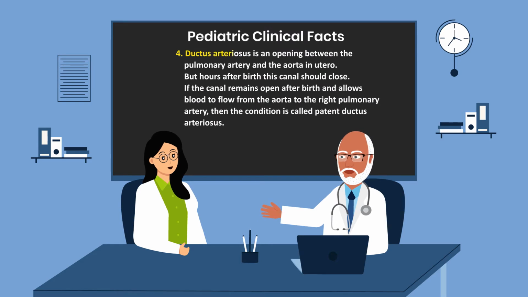Ductus arteriosus is an opening between the pulmonary artery and the aorta in utero. But hours after birth, this canal should close. If the canal remains open after birth and allows blood to flow from the aorta to the right pulmonary artery, then the condition is called patent ductus arteriosus.